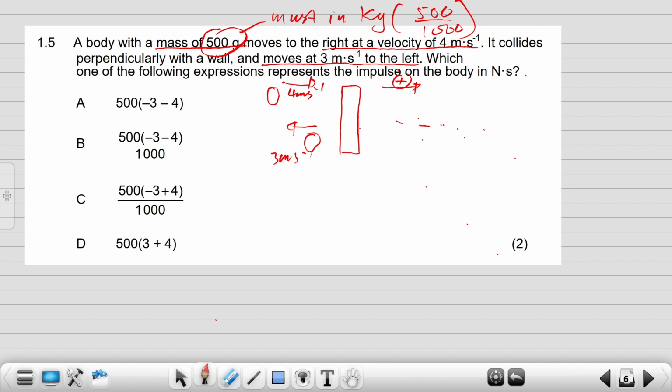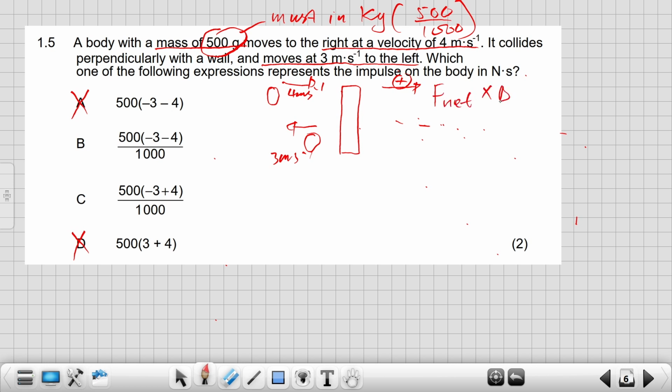That is very, very important. So can I go into the question and identify the distractors? Yes, I can. Everything that says 500 will not be correct for me because I need to convert the mass to kg.